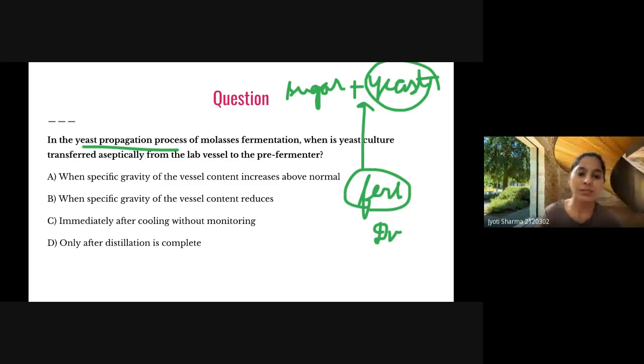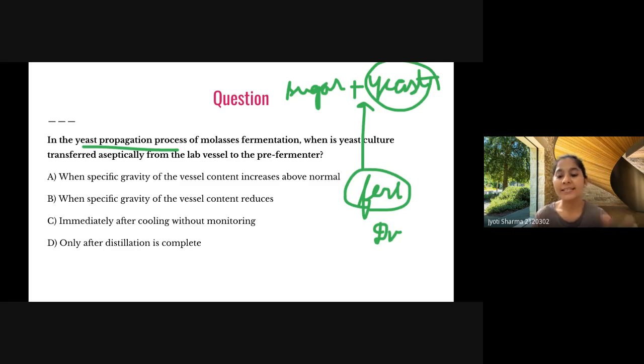Okay, so this question is, in the yeast propagation process of molasses fermentation, when is yeast culture transferred aseptically from the lab vessel to the pre-fermenter? When specific gravity of the vessel content increases above normal, when specific gravity of vessel content reduces, immediately after cooling without monitoring, only after distillation is complete.